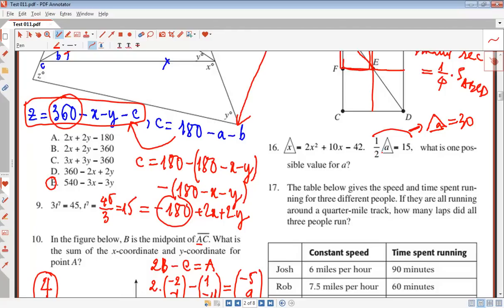And from the definition here, we have 2 times A squared plus 10 times A subtract 42 equal 30.